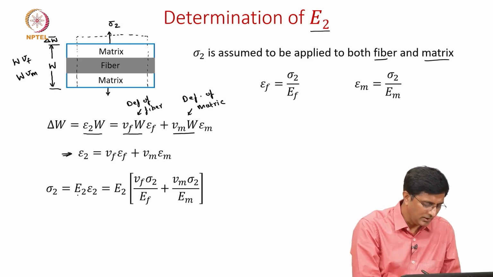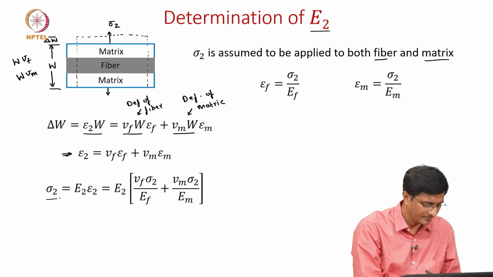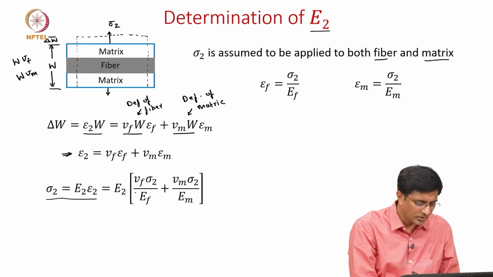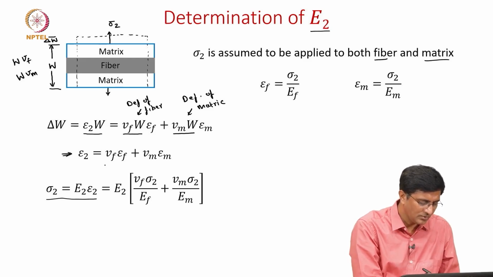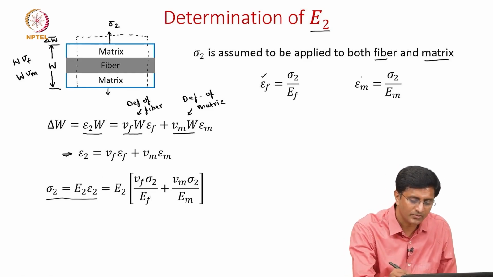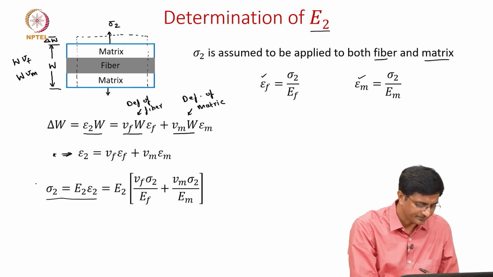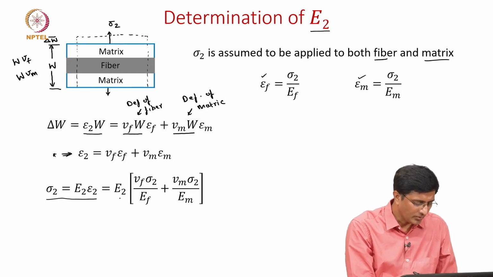What does modulus times the strain give? We know it is the stress. Similar to the right side of the equation, we are writing again E2 times what is given here. Here we have used this expression for strains in the fiber and the matrix and substituted in this equation. Now we are able to write in terms of E2.